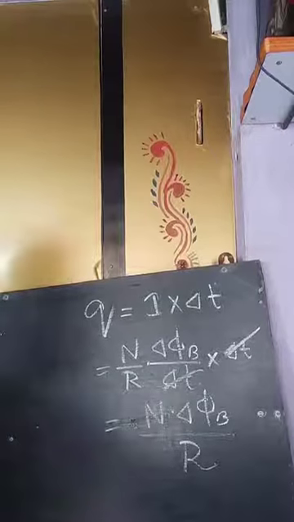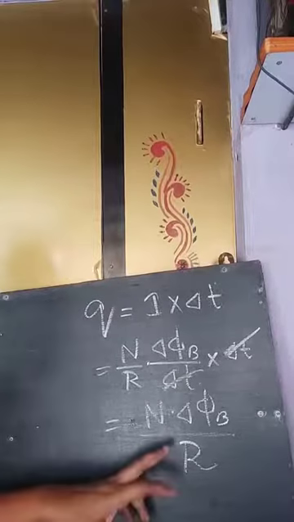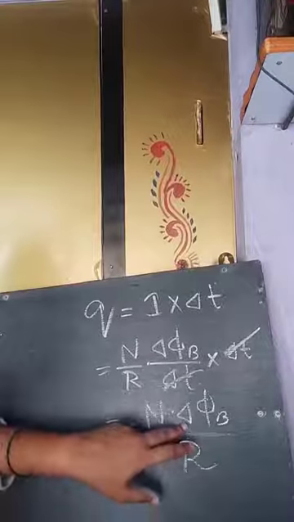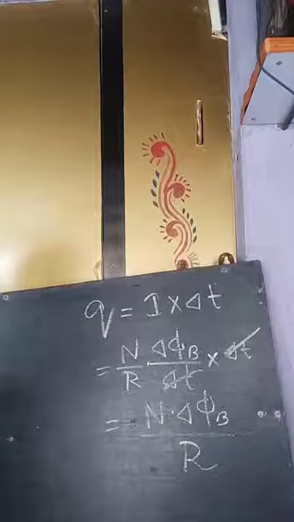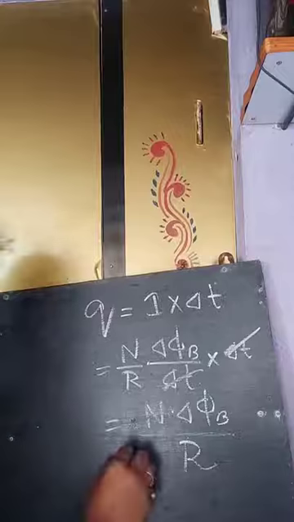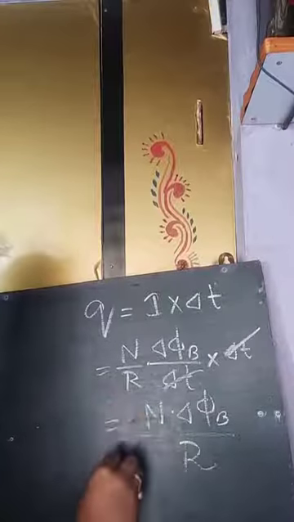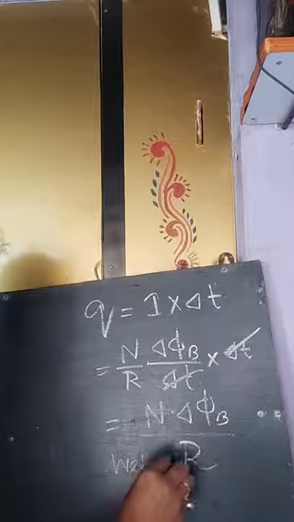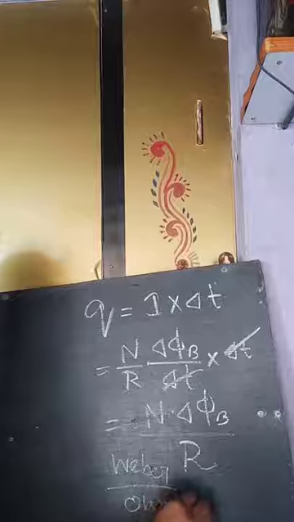Now what will be the unit? If we substitute delta phi B in Weber and R in Ohm, and Q will be in Coulomb, the unit becomes Weber by Ohm, right?